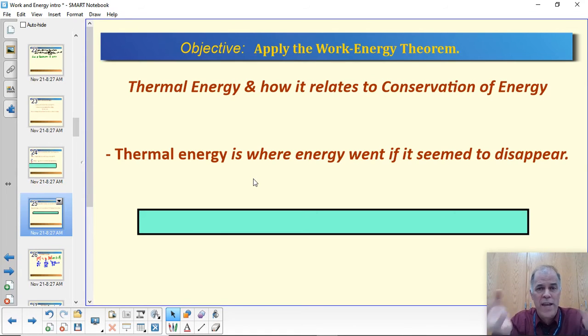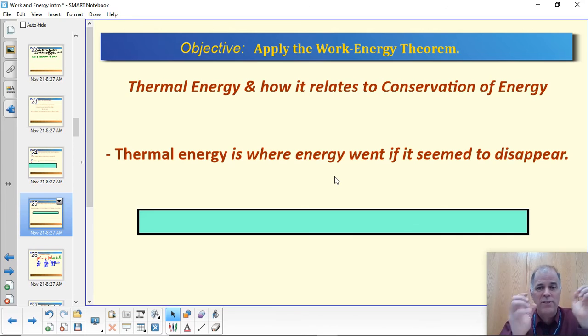But clearly some potential energy disappeared because it went from a high position to a low position. Where did it go? Well, it went into heating up the ramp as it slid down, or it went into heating up a stop block on the bottom when it ran into it, just like the bowling ball hitting the floor.